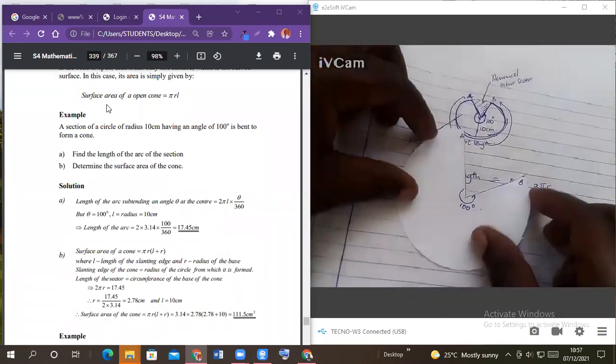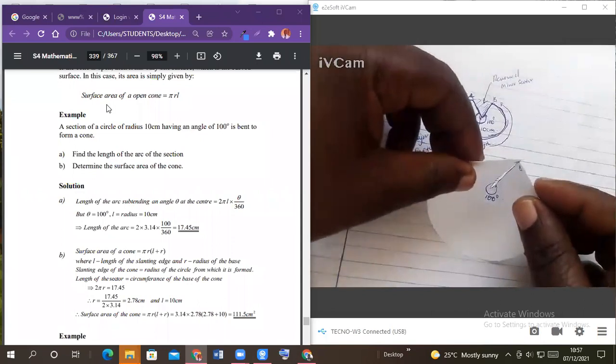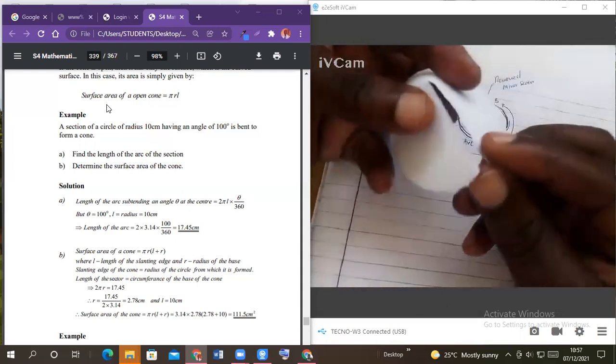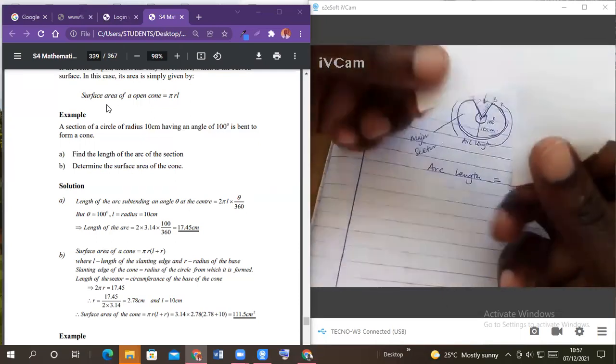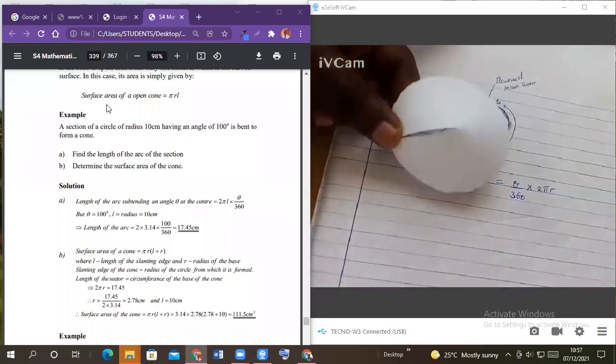Now, if I join A to B, I'll form what we call a cone. So this is a cone that is formed like this.